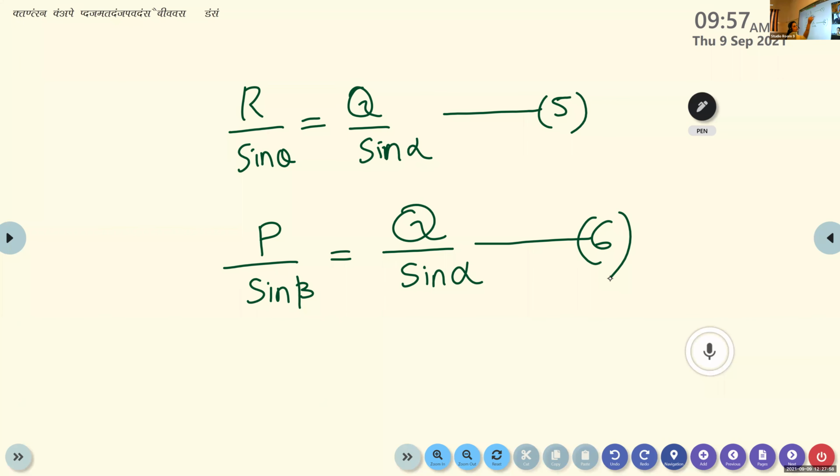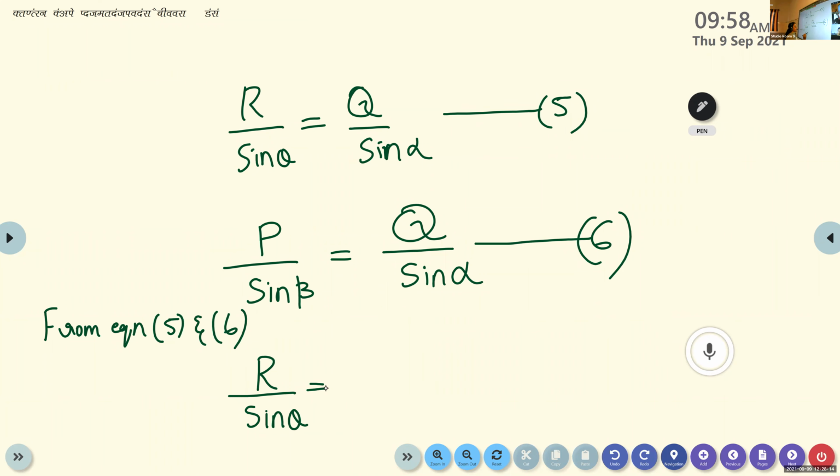So R by sine theta is equal to P by sine beta, and this is also equivalent to Q by sine alpha.